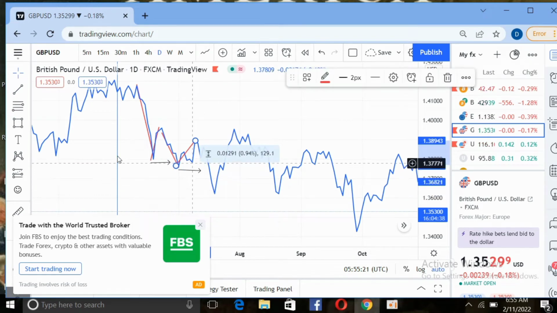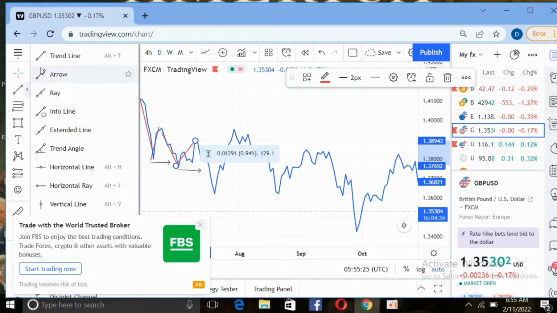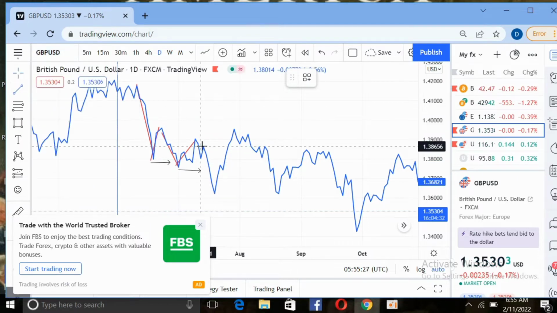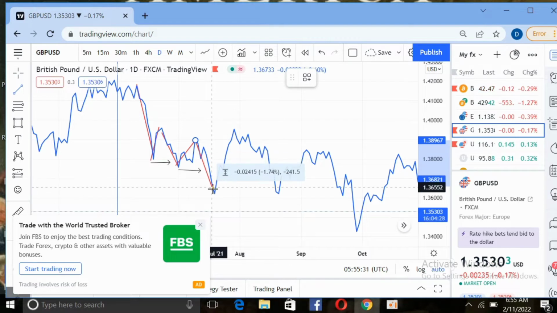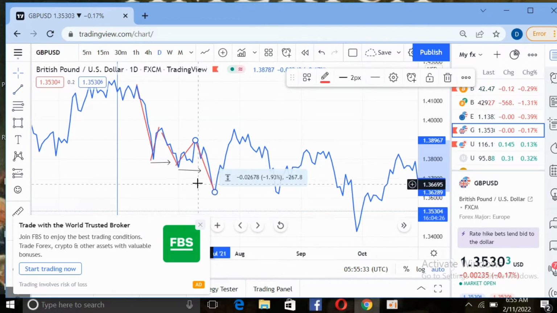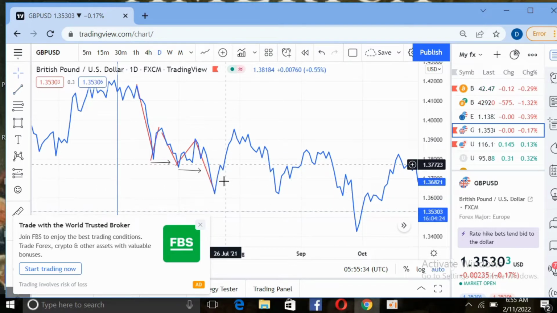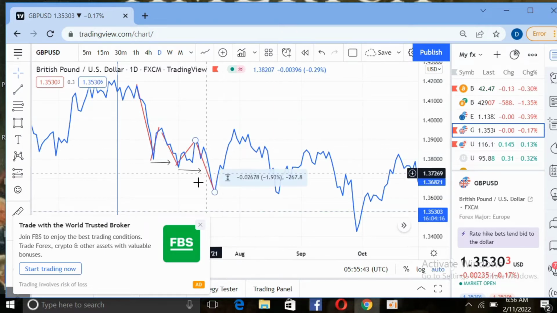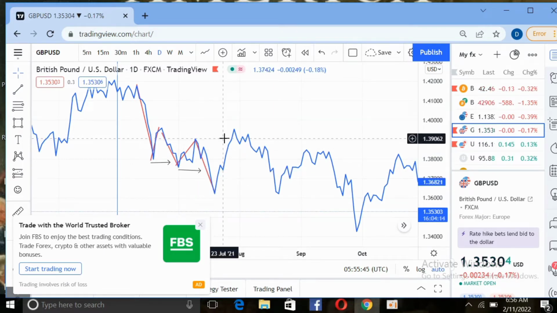That is when we recognize this as a high, and price breaks to the downside, then we'll wait for price to pull back, and we'll be looking for every reason to sell.